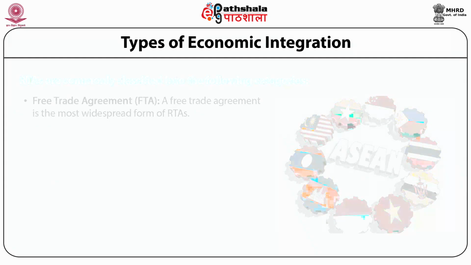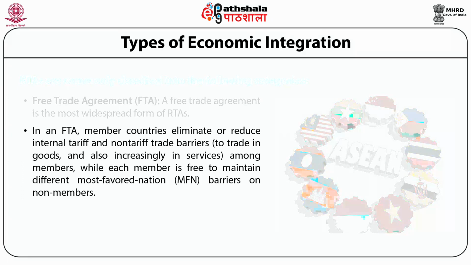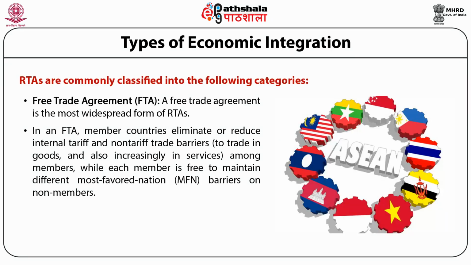Free trade agreement. A free trade agreement is the most widespread form of RTAs. In an FTA, member countries eliminate or reduce internal tariff and non-tariff trade barriers among members, while each member is free to maintain different most favored nation barriers on non-members.